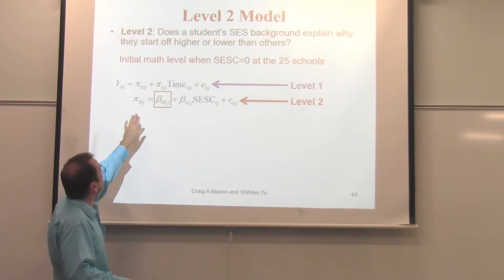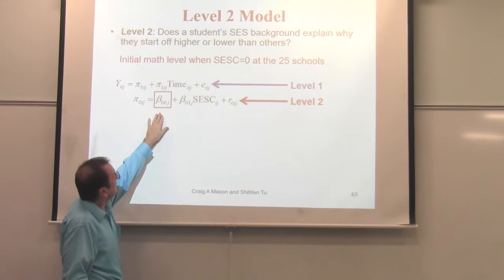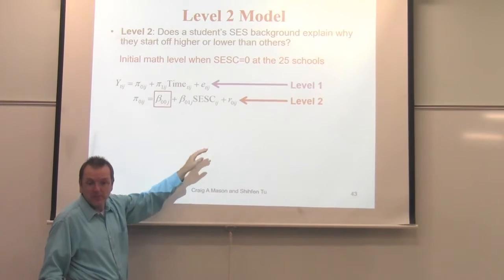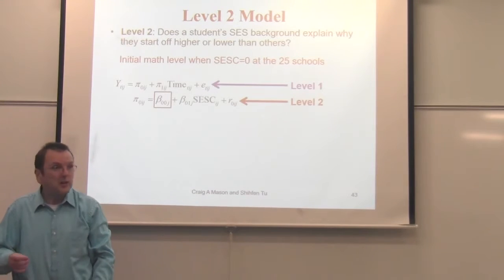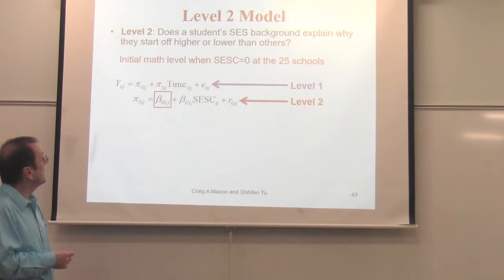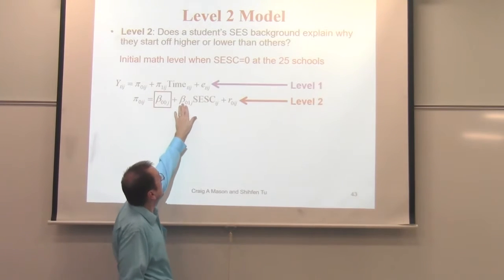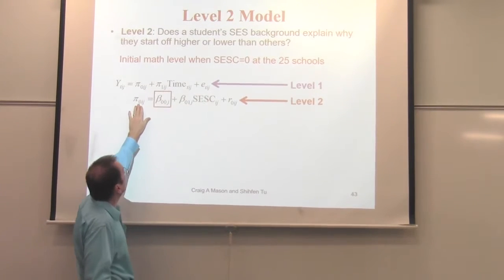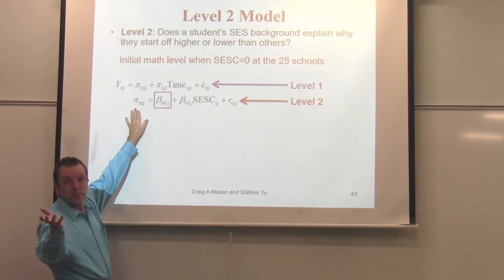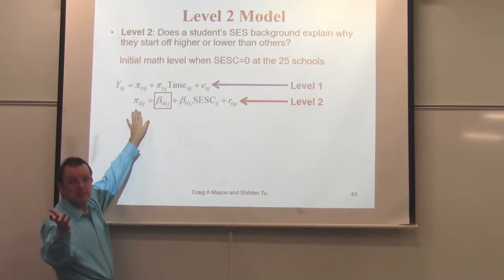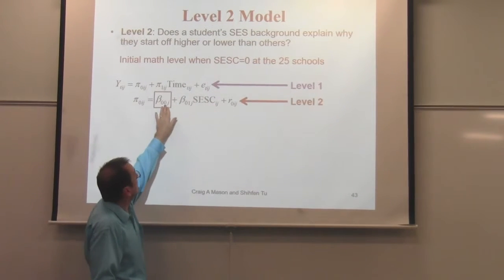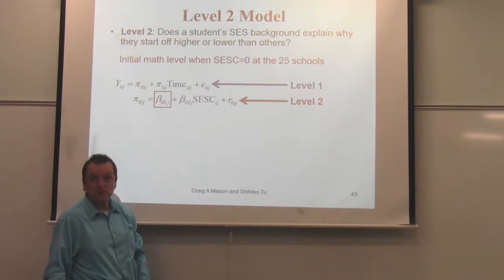So it's the initial math level when the income is 0. Because here's income. If income is 0, what are we predicting? We're predicting kids' intercepts. If income is 0, all that's left is beta 00j.